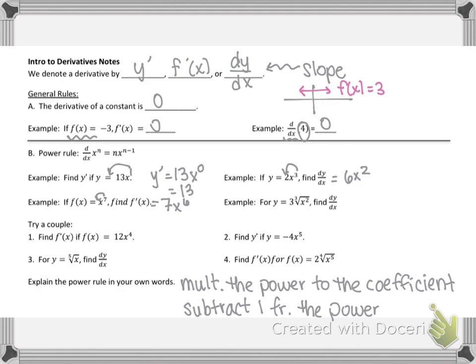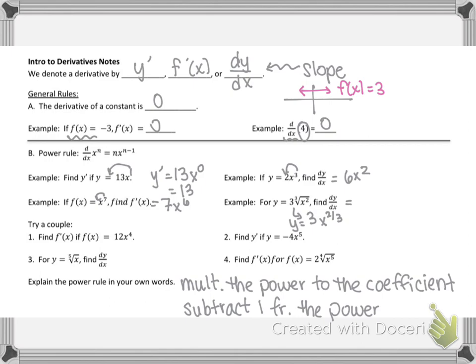Okay, the next example, we need to do a little work before we can apply the power rule. So I'm going to rewrite this as 3x to the 2/3 power. If I want to use a fractional exponent like that, I do power over root. So this is our original function. Our original function is 3 times x to the 2/3 power.